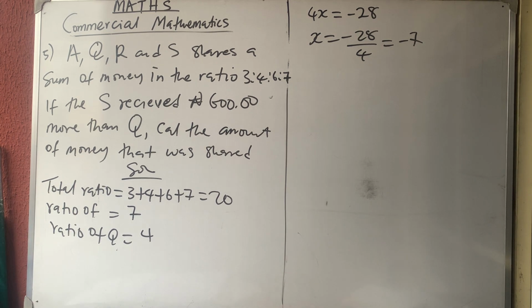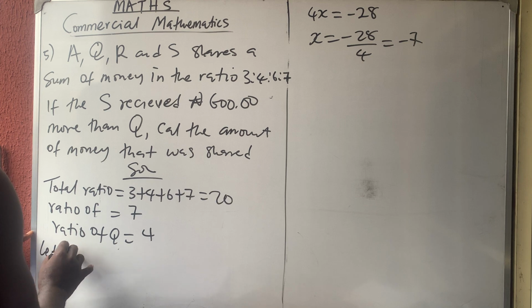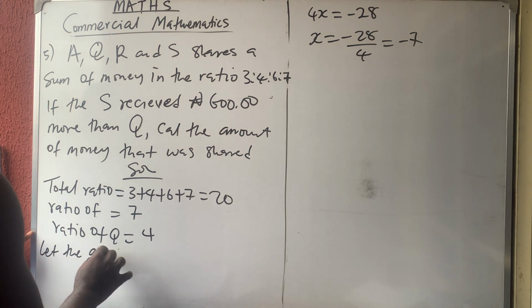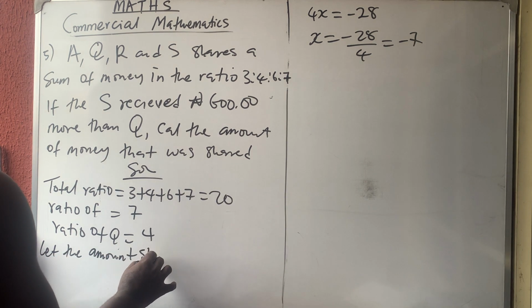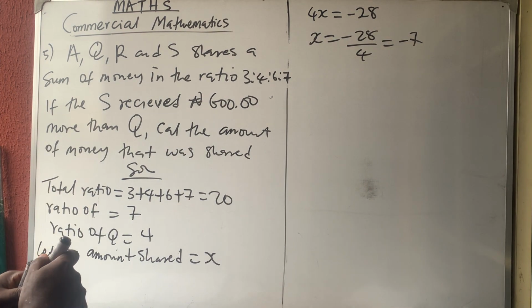So what else do we need now? Now let the total money that is shared be x. So let the amount shared be equal to x. Since it's equal to x, what do we do now?